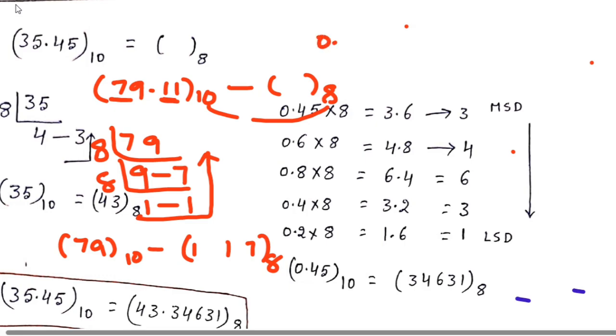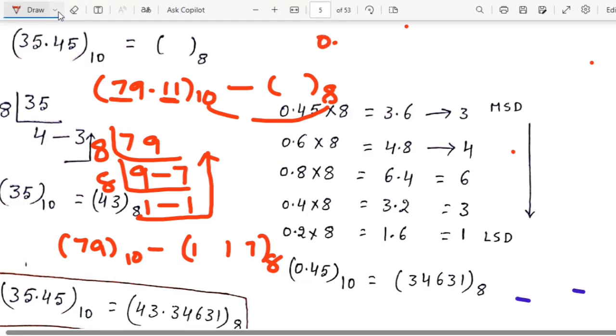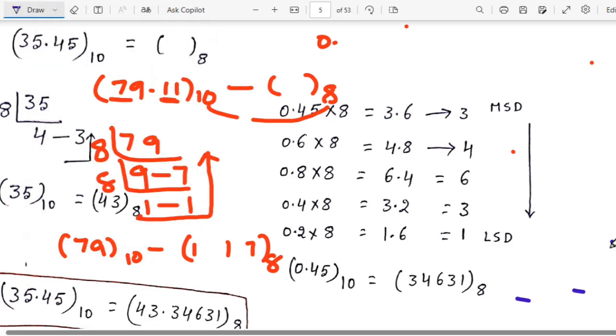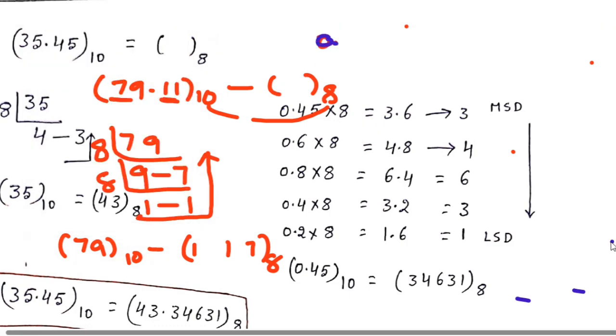Next, 0.11 into 8, because we need to consider the fractional part. What is the fractional part here? 0.11. The fractional part must be multiplied by 8, because we are converting this fractional part into octal. The answer is 0.88.